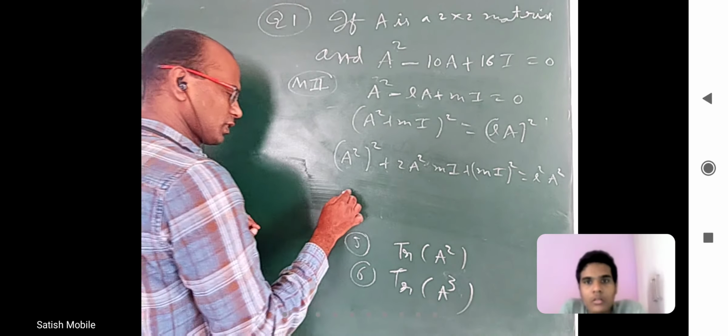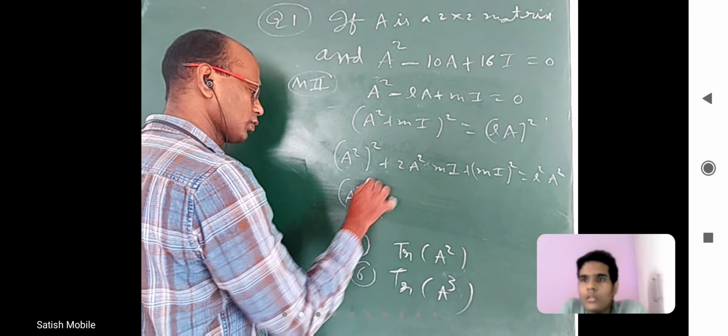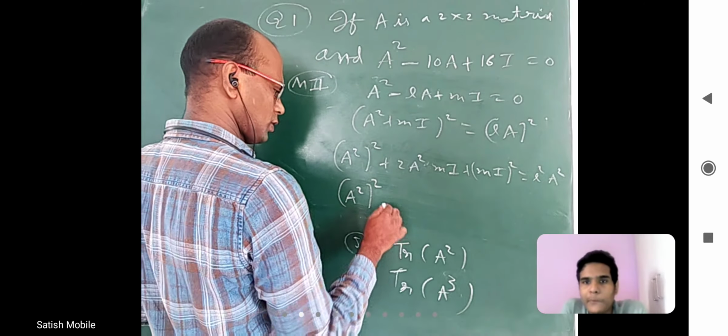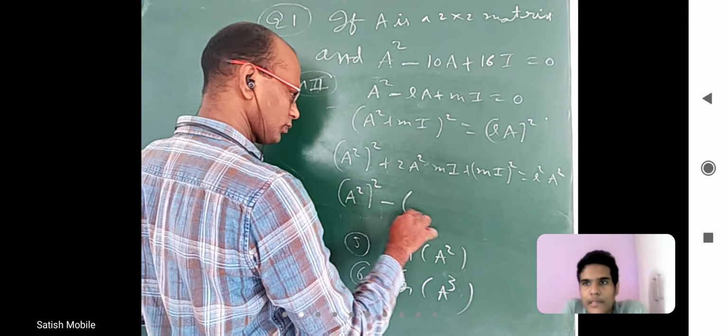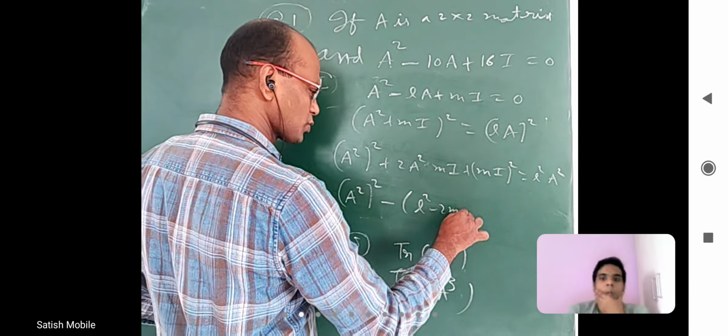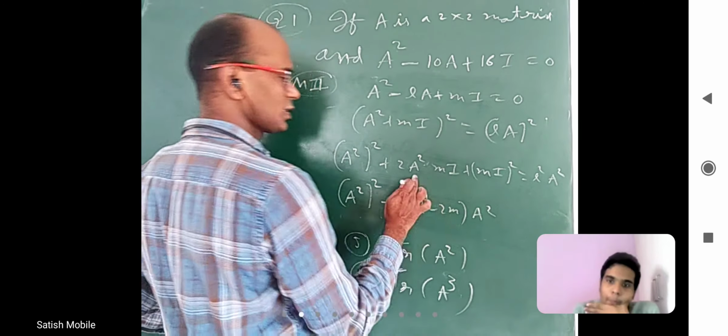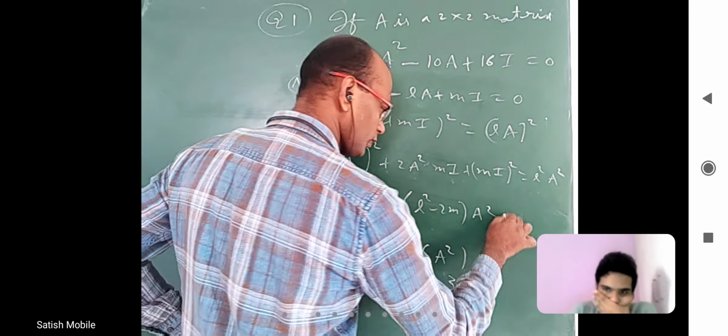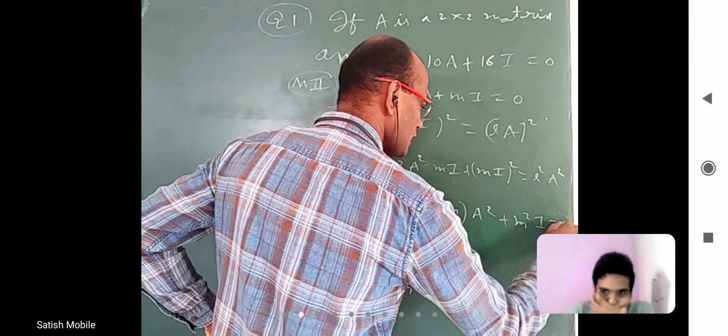When I bring everything this side, I will get A square whole square, and yes, I want to take a minus common. L square minus 2M into A square, because this is A square into I, A square, these two together, plus M square I equal to 0.